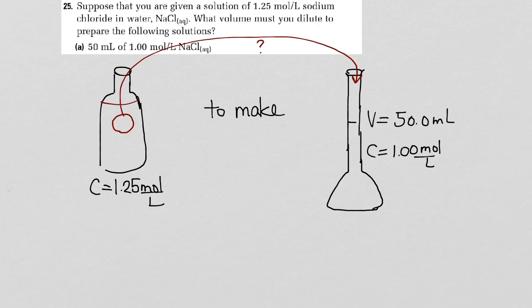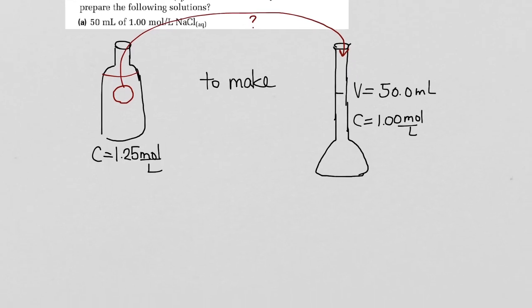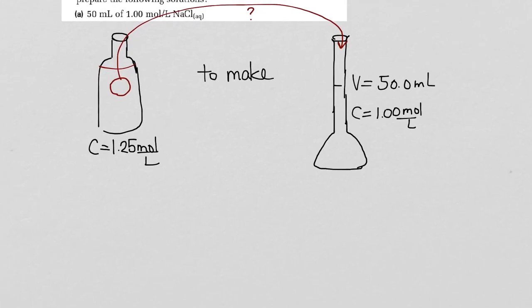Question is, how much are you going to put in there? Well, that depends on how many moles you want. One way of doing this is to say, I know this is my concentration and this is the volume I want. How many moles do I want?